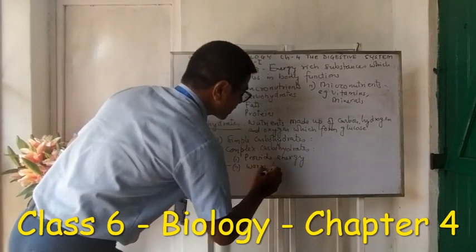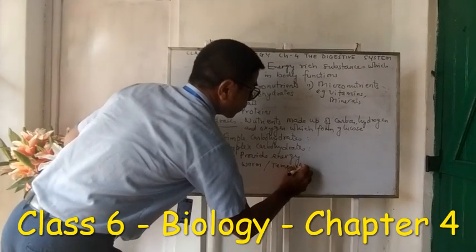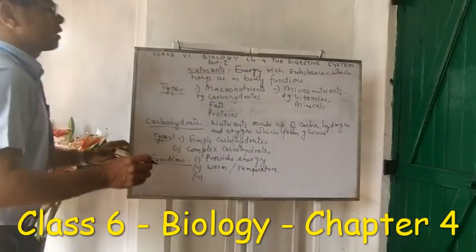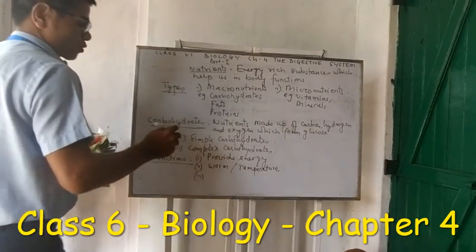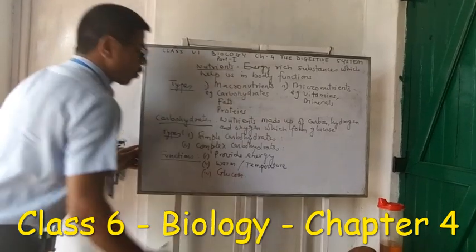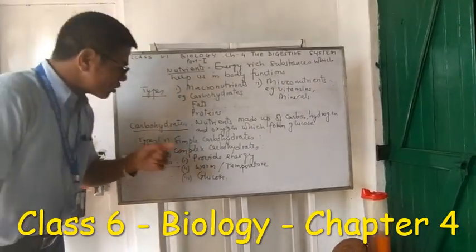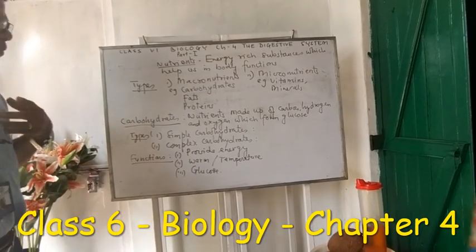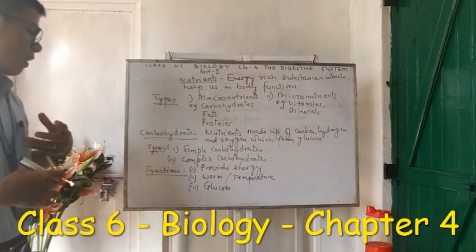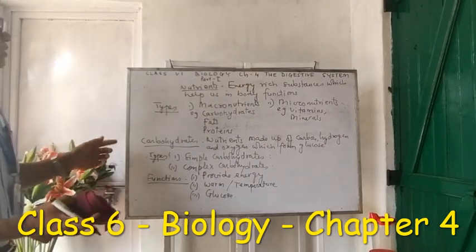Warm means temperature. Then, last but not the least, they form glucose. So, whenever we eat carbohydrates, we get energy and our body temperature becomes warm, and they also form glucose in our body. So I hope you are familiar with carbohydrates.